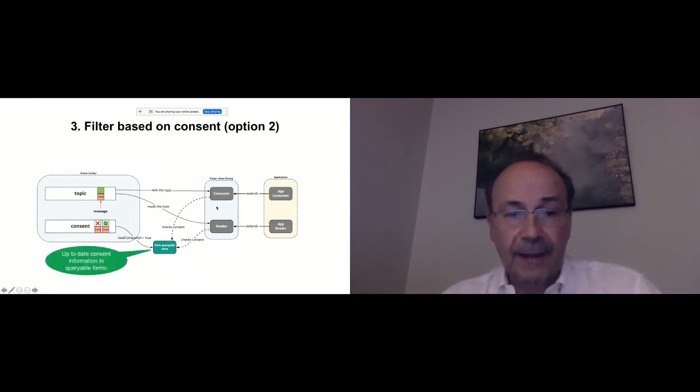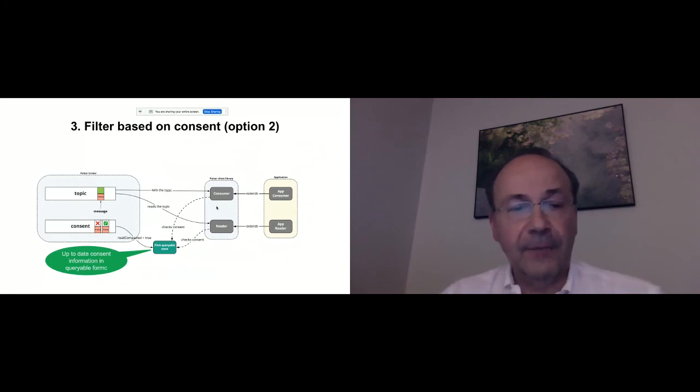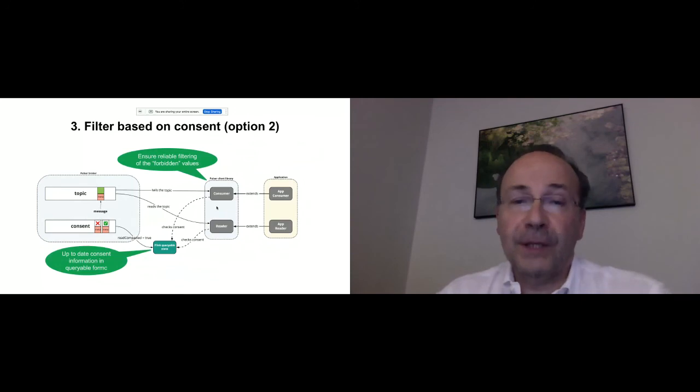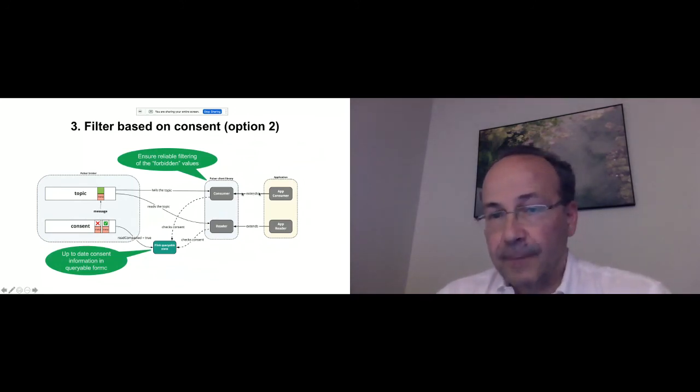So now we still have up-to-date information in queryable form, but we ensure reliable filtering of the forbidden values. We can simply extend this into our application and do whatever we want.